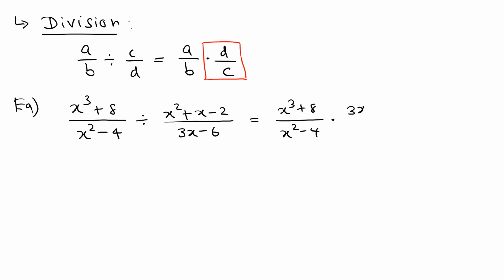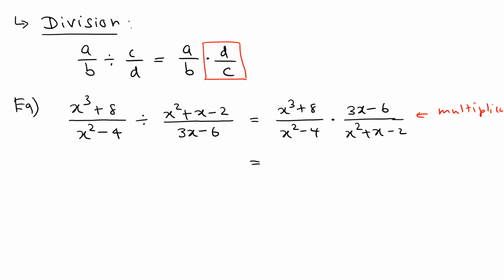So it's going to be 3x minus 6 over x squared plus x minus 2. Now you can see that this is just a multiplication. That means we can use the steps that we did earlier. Since it's a multiplication, we can just go with the factorization first.